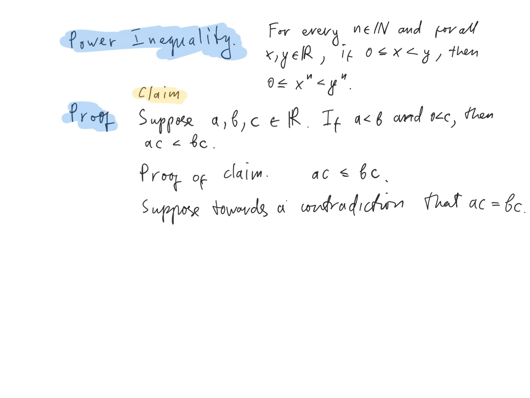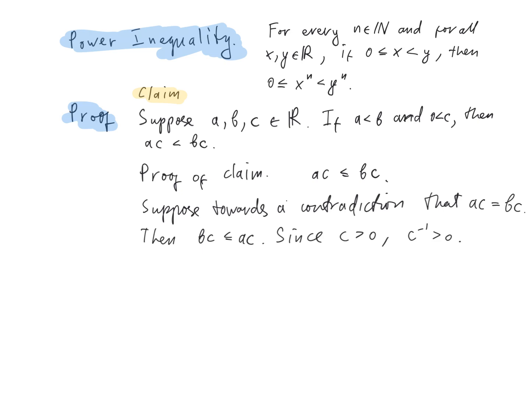In this case, we have that also bc is less or equal than ac in particular. And since c is greater than 0, the inverse c to the minus 1 is greater than 0 as well, by the same fact discussed last time.